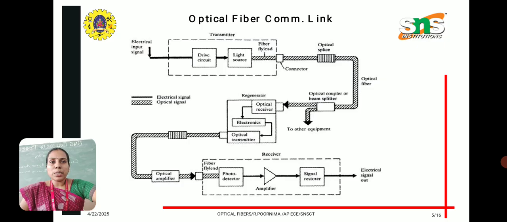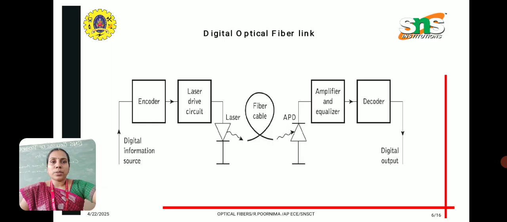What is important is the transmitter block, where the driver circuit and light source are given, and the shaded area is the communication medium, which is the optical fiber. At the receiver side we use a photo detector and signal restorer. These are the important blocks of optical fiber.